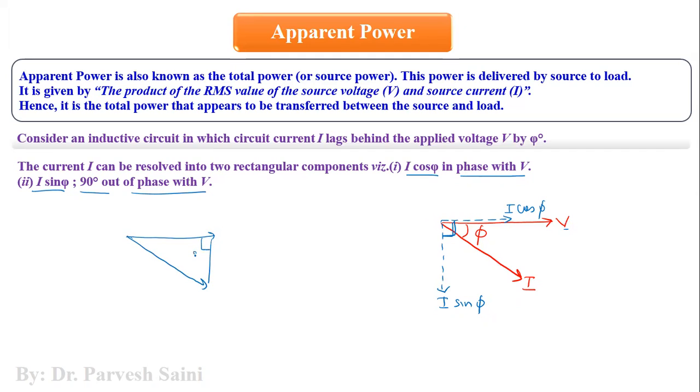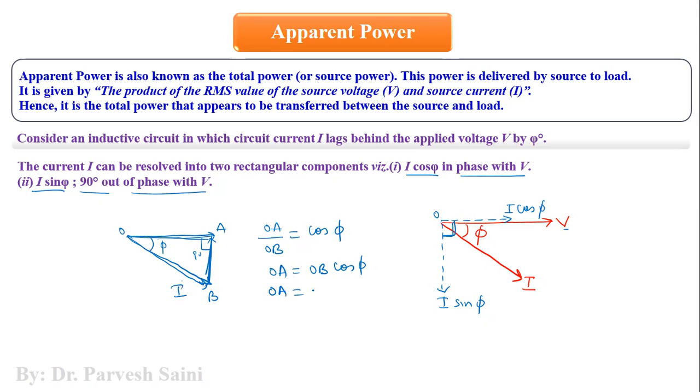So this is your 90 degree angle. Now this is phi. If this is triangle OAB, then OA by OB, base by hypotenuse, is cos phi. This is center O. So OA is OB cos phi, and OB is basically your current phasor.